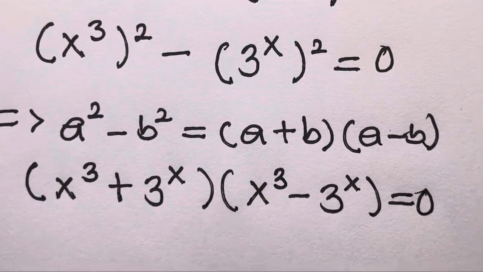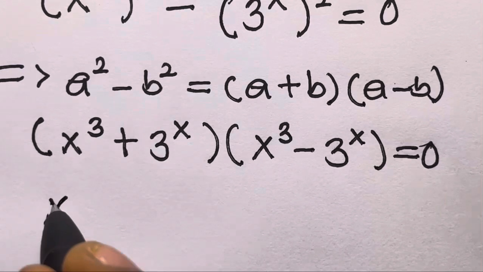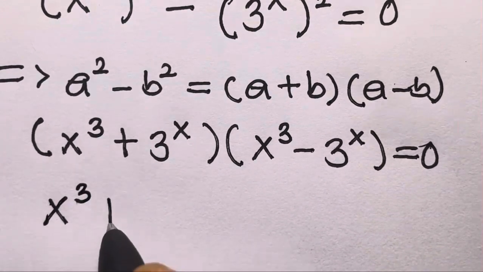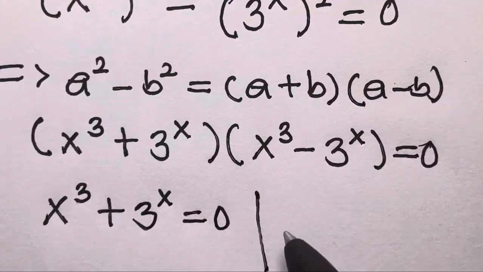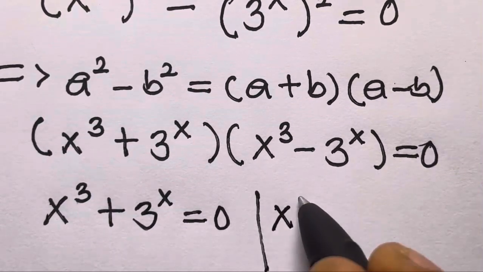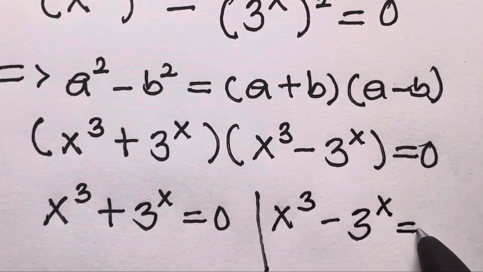Which implies that this equals 0 or this equals 0. So we have x raised to power 3 plus 3 raised to power x equals 0, or we have x raised to power 3 minus 3 raised to power x equals 0.